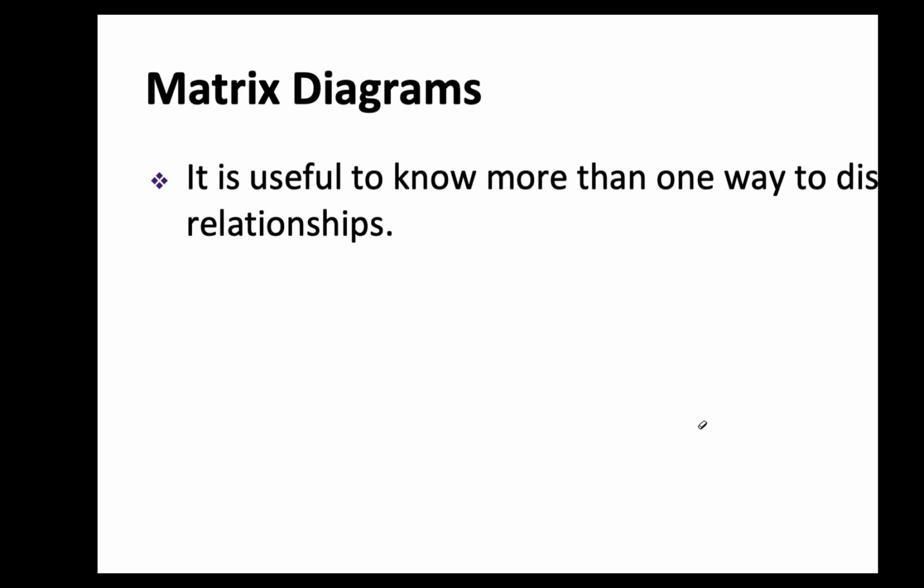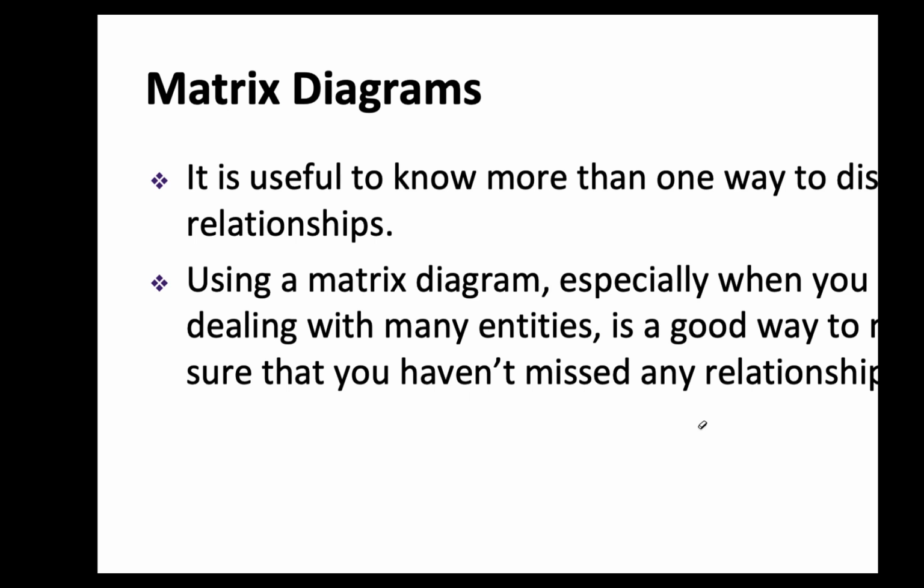Then it's very difficult to just remember and write all the stuff, right? So for this purpose, we have something known as matrix diagrams. Using a matrix diagram, especially when you are dealing with many entities, is a good way to make sure that you haven't missed any relationships.